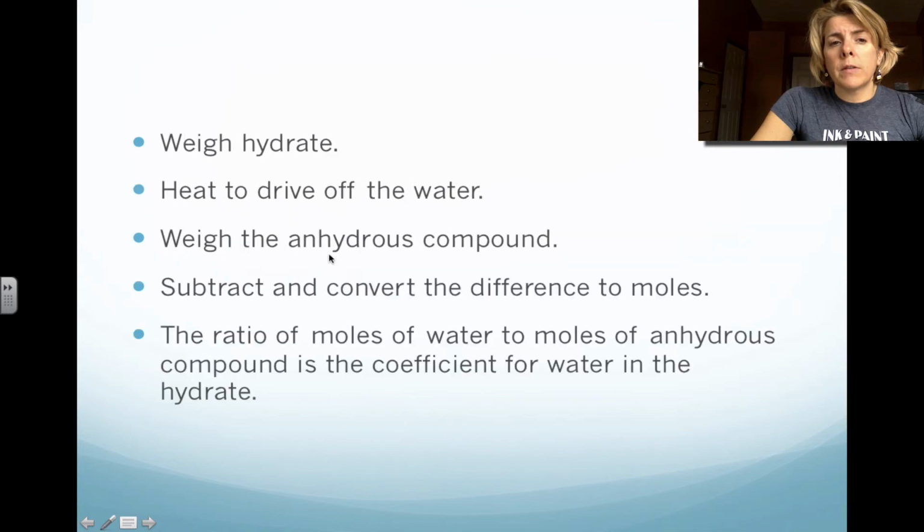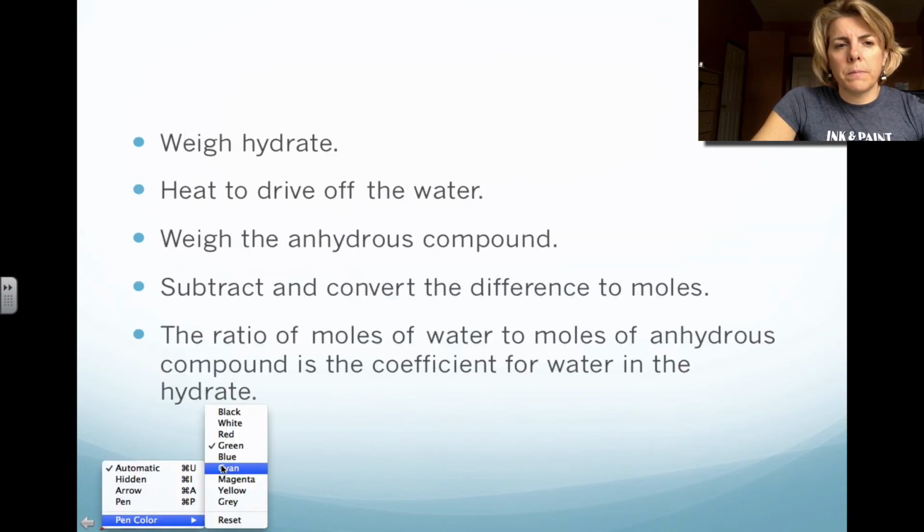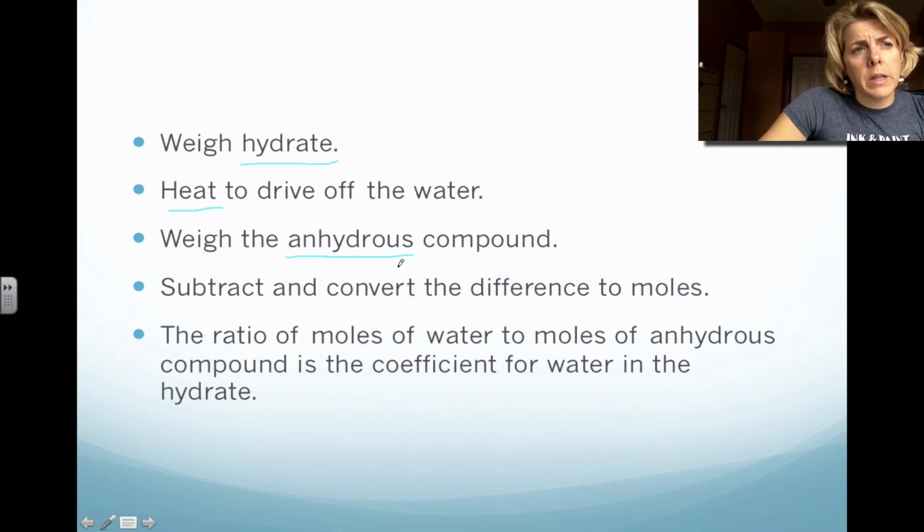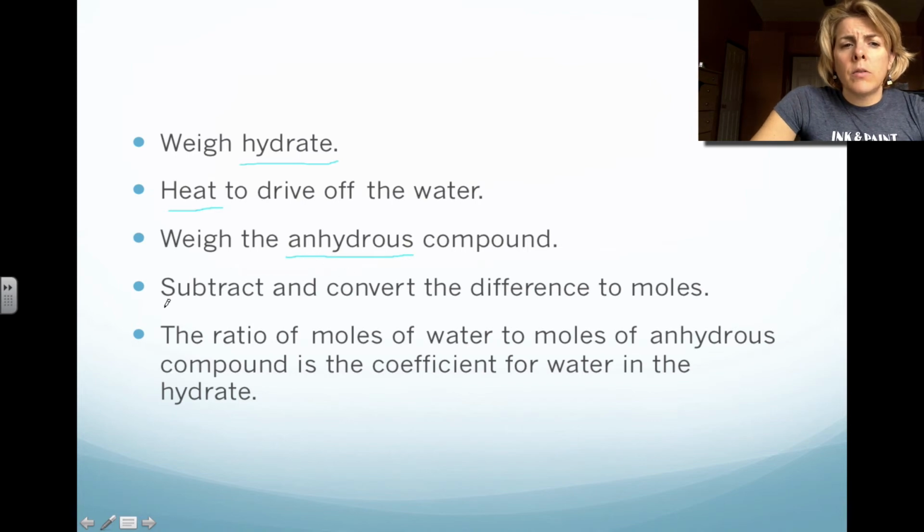And let's go for a procedure here. So you start off with a hydrate, you heat it, you weigh the anhydrous compound. So after you've cooled it, you subtract and you figure out the moles of water.